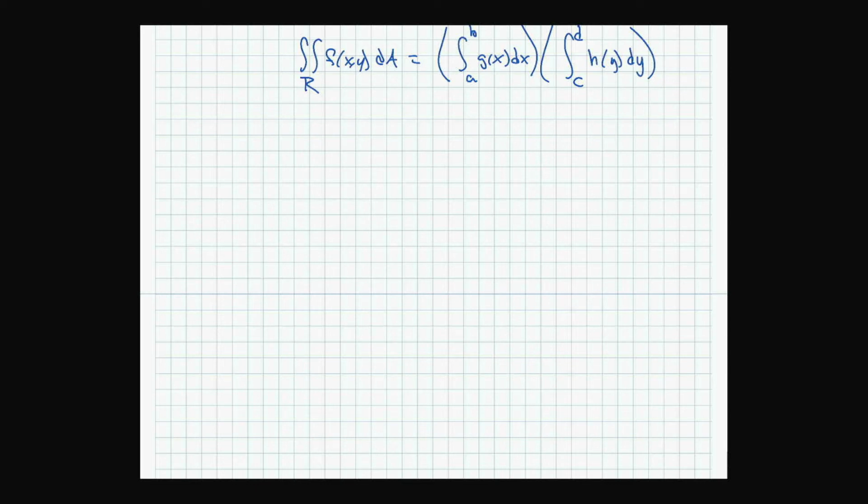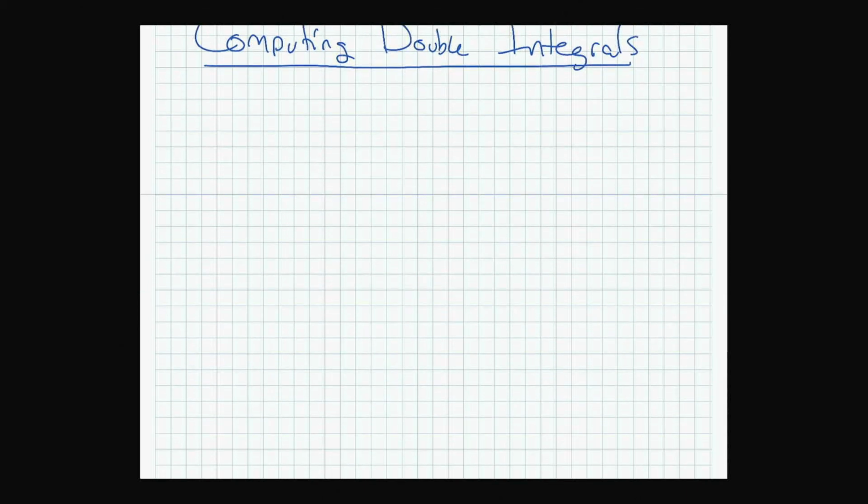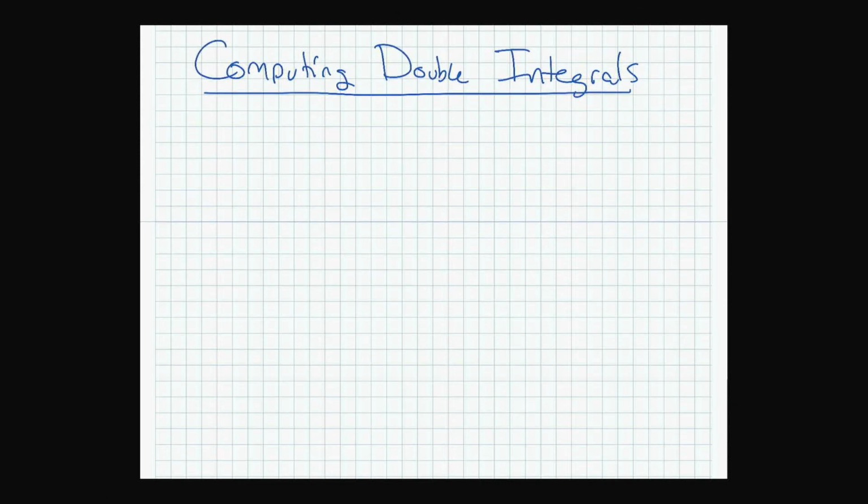Then we're going to talk about computing, or evaluating, double integrals. The first thing is an iterated integral. Suppose a, b, c, d are all real numbers, and let's say R is the Cartesian product of [a, b] and [c, d].